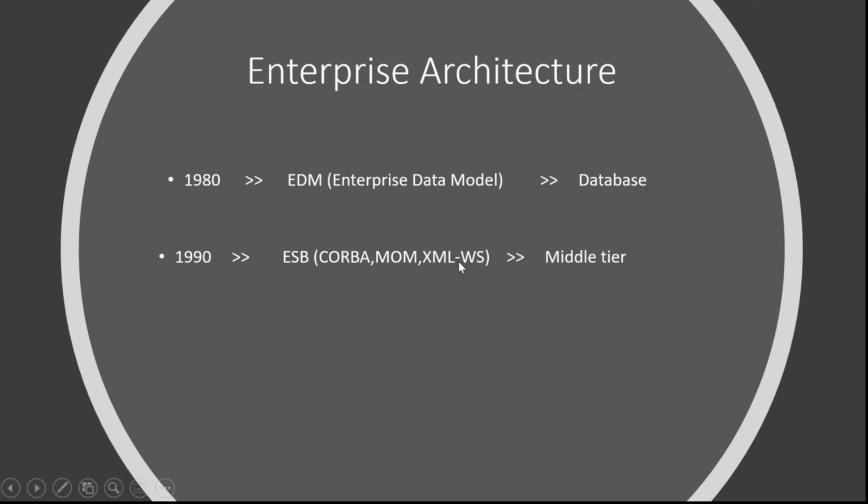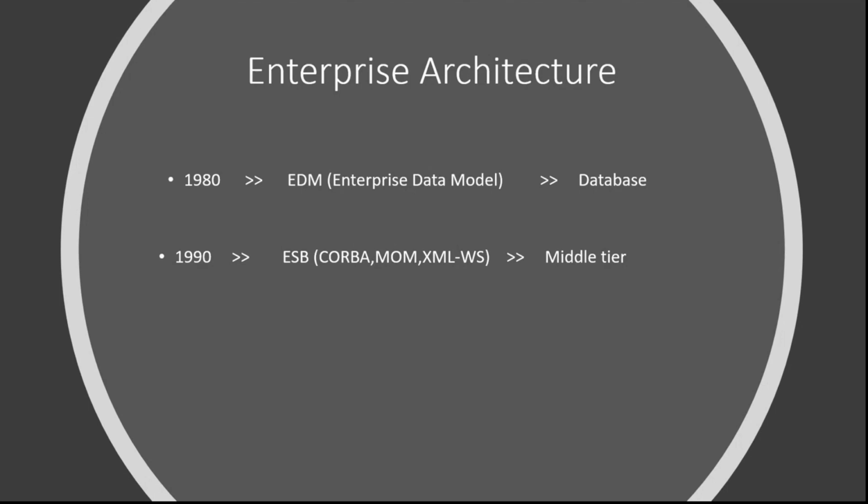So the next time they tried to use these technologies to create an enterprise architecture that will manage the application that is running worldwide. They thought about this technology as a global software bus or an enterprise software bus, and tried to create an enterprise architecture that will manage the application running worldwide.